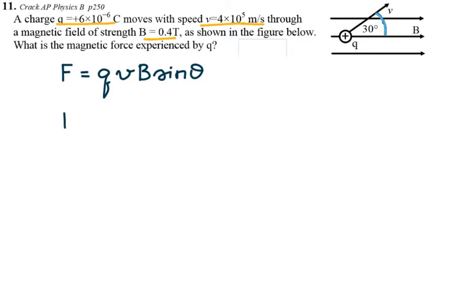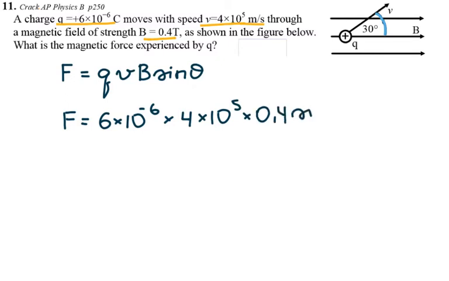So if I plug in my numbers, I will have Q, which is 6×10^-6, the velocity is 4×10^5, and the magnetic field is 0.4. And then I have sine of 30 degrees, which is 1/2. And that will give me the force of 0.48 newtons.